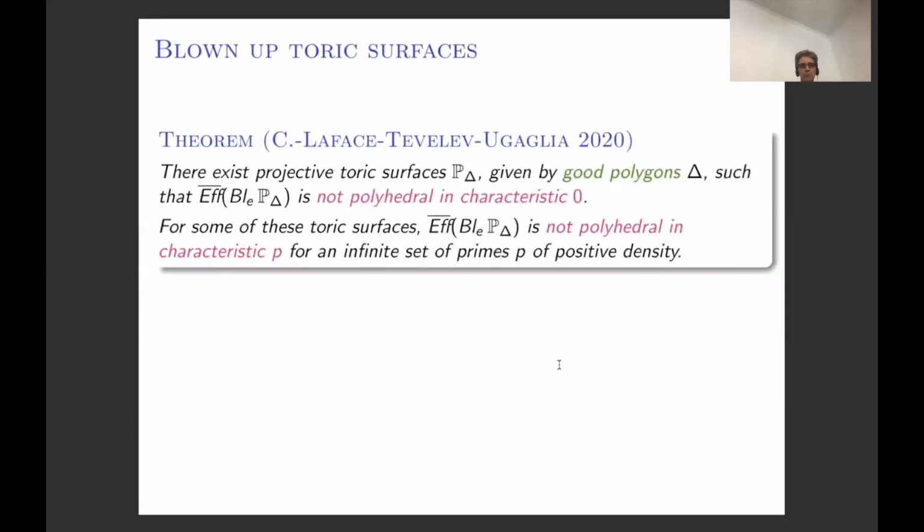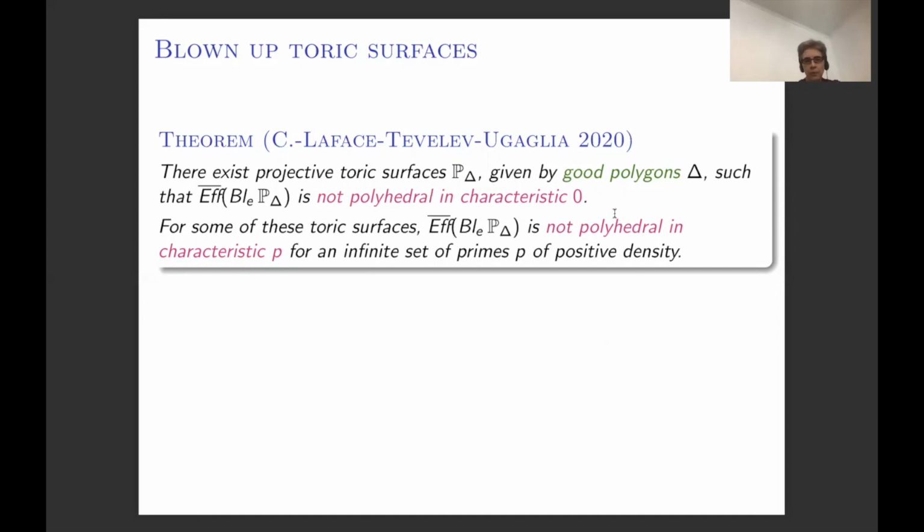So now our theorem is that there exist projective toric surfaces given by what we call good polygons, such that the effective cone of the blow-up of this toric surface at the identity point is not polyhedral in characteristic 0.